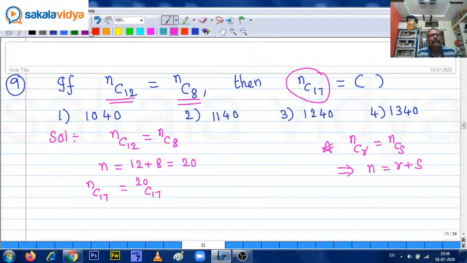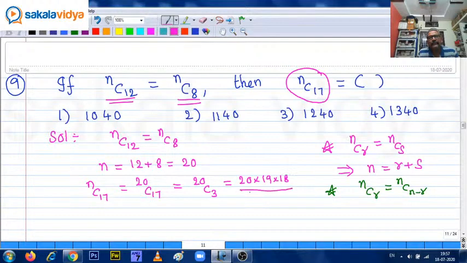nC17 means 20C17. And one more basic fact needs to be recalled: nCr is equivalent to nC(n minus r). So 17 is a very big number, so this can be written directly. It is equivalent to 20C(20 minus 17), 20C3. That means 20 times 19 times 18 by 3 factorial, which is 6. 6 ones are 6, 6 threes are 18.